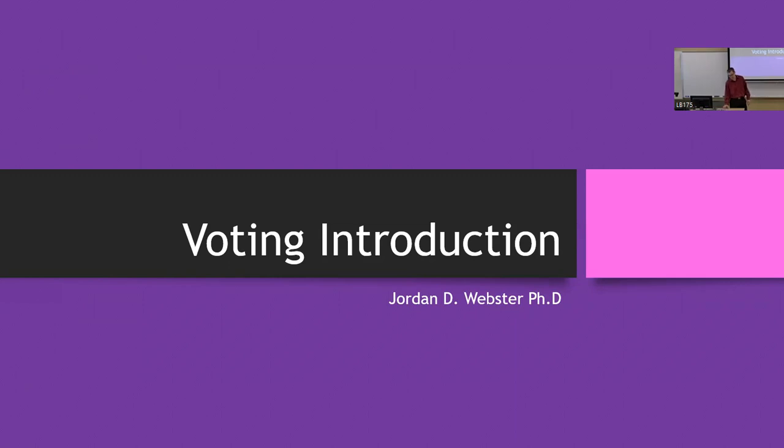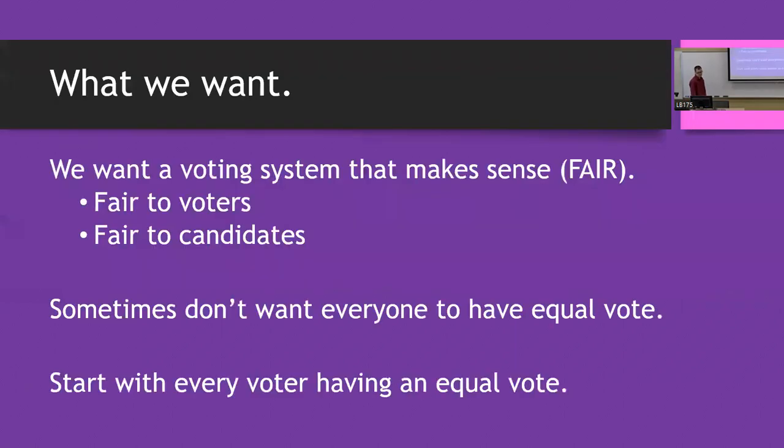So once we've allocated representatives, we have to vote for those representatives, right? And it turns out there's a lot of different systems of voting. Okay. And it's not necessarily about fair share, but we do want a fair system.